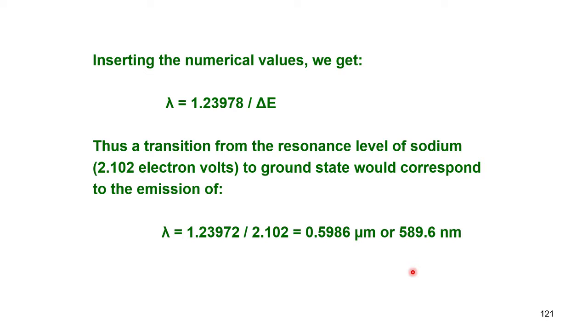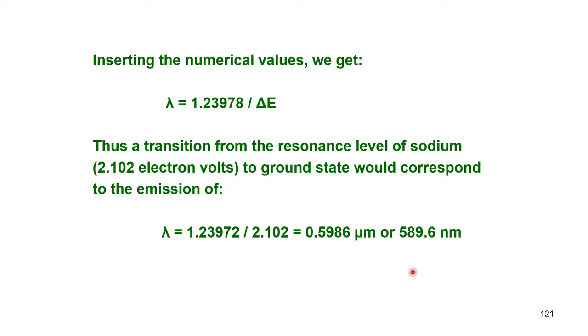So, inserting the numerical values, what do we get? You put all those numbers and you get lambda equal to 1.23978 divided by delta E. Delta E is E2 minus E1, the difference of the energy levels.